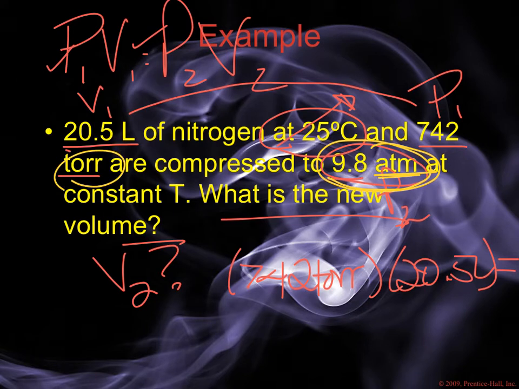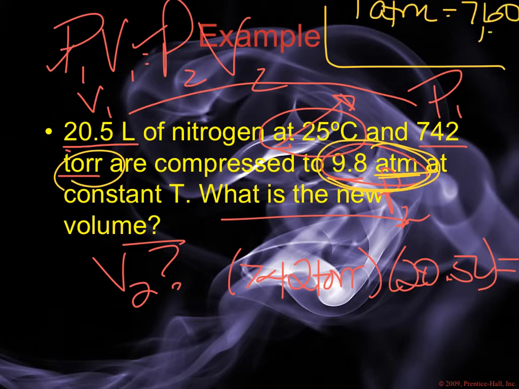So it doesn't matter what units you have for pressure or volume, but they do need to match. So you need to get very familiar with converting between torr and atmospheres. I'm not sure if you remember, 1 atmosphere equals 760 torr. So set up a unit conversion to convert them.